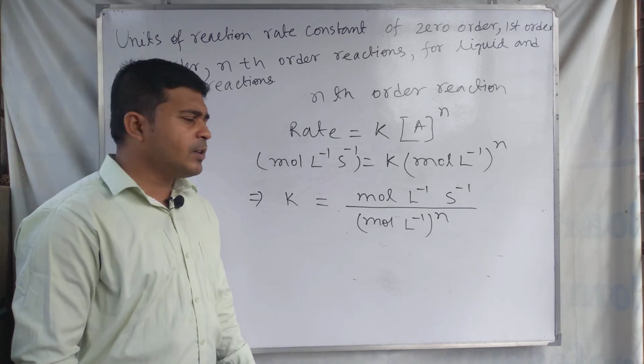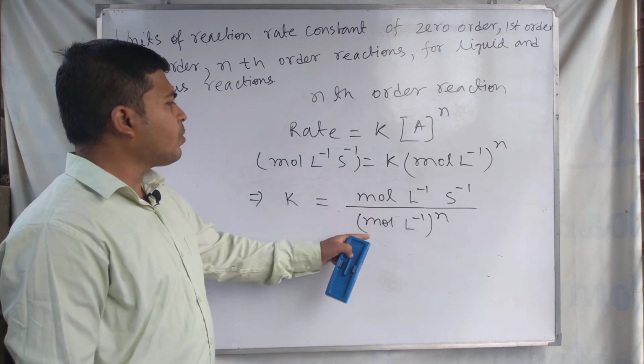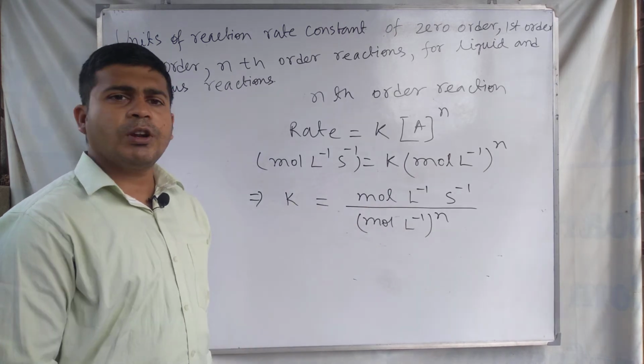For the nth order reaction rate constant, k equals mole per liter per second divided by mole per liter to the power n.